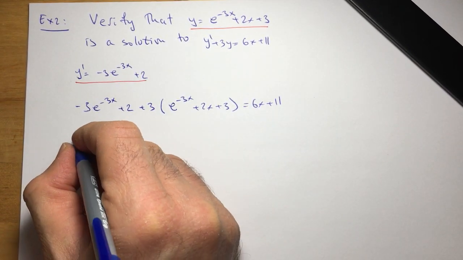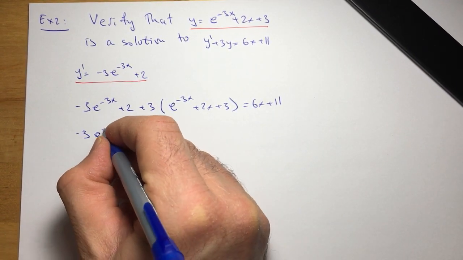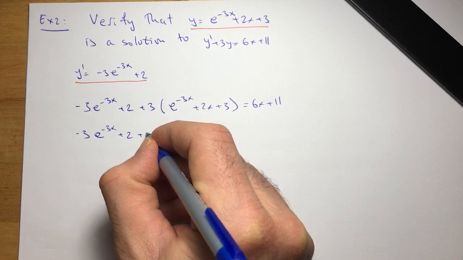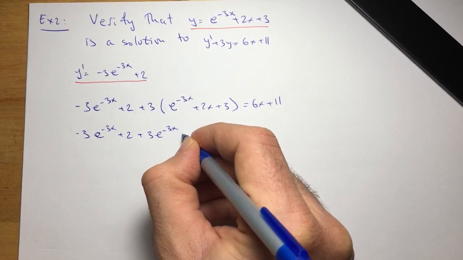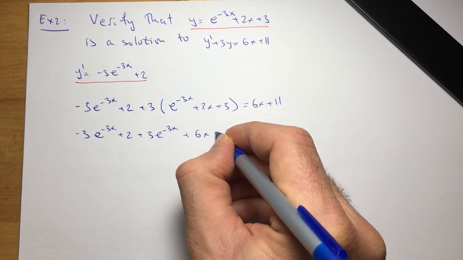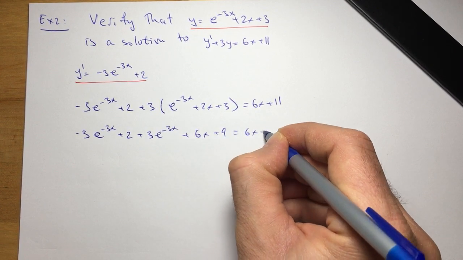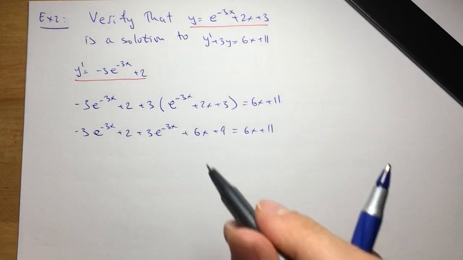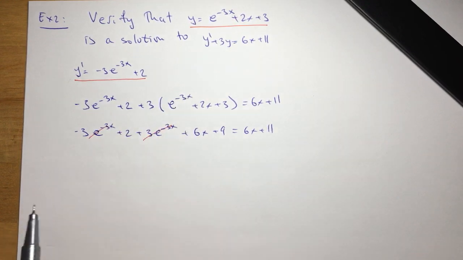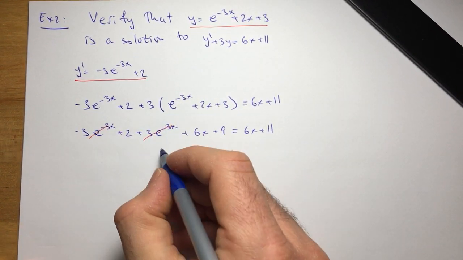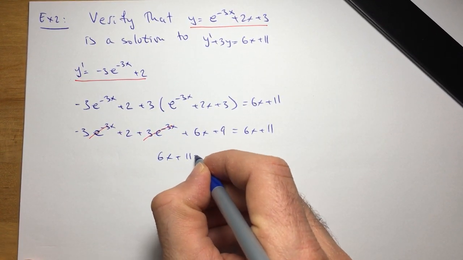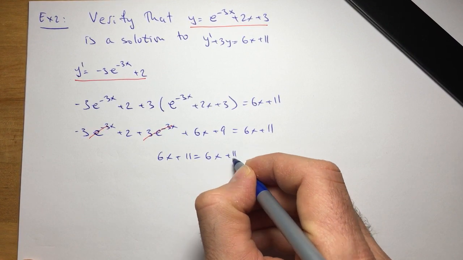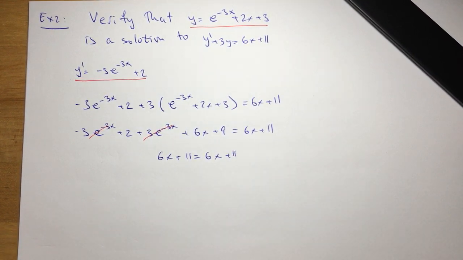Drop the parentheses on the left hand side. Negative 3 e to the power negative 3x plus 2 plus 3 e to the power negative 3x plus 6x plus 9 is equal to 6x plus 11. Cancel the terms that you can cancel, and indeed the equation is satisfied. 6x plus 11 is equal to 6x plus 11.